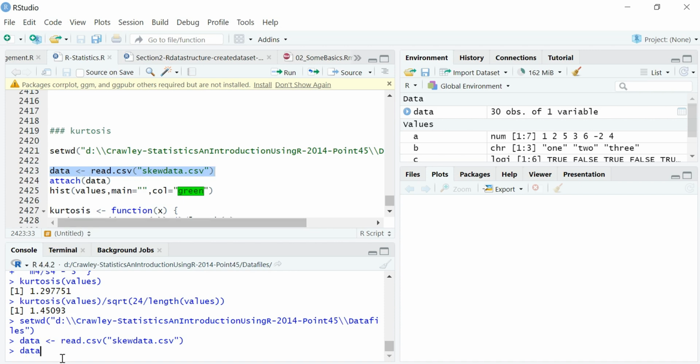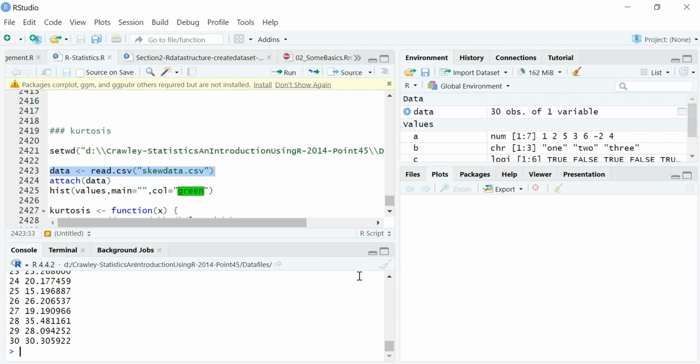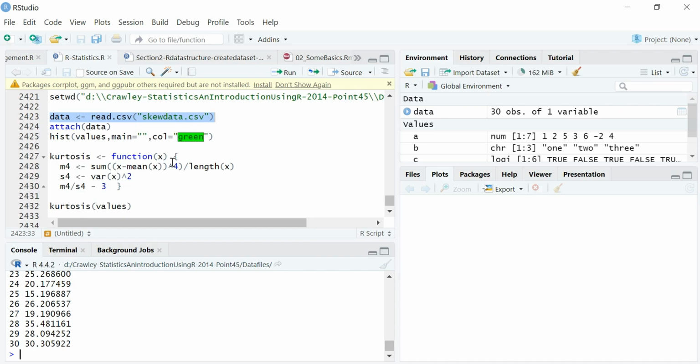So we show this data. This data frame has only one column called values, and there are 30 rows. So 30 observations, and each item is a numeric value. So we can calculate the kurtosis for this variable called values.